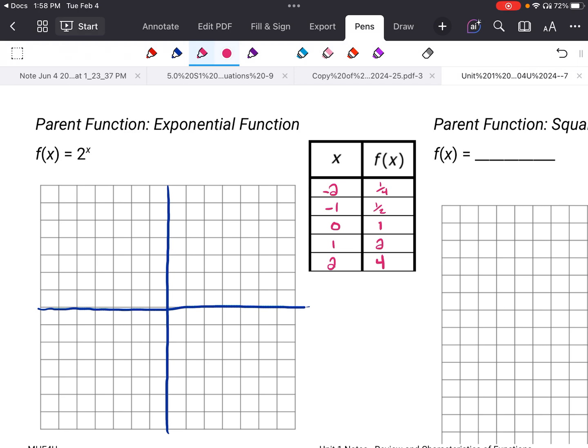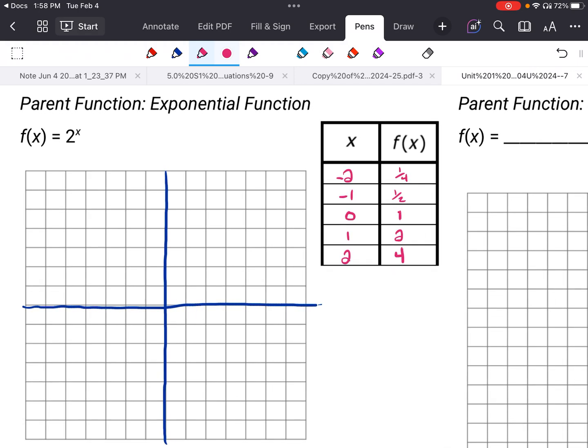So 1, 2, 4, but then we have half, quarter, and it just keeps cutting in half all the way. So exponential gets close to 0, never actually touches 0, and goes up like that.